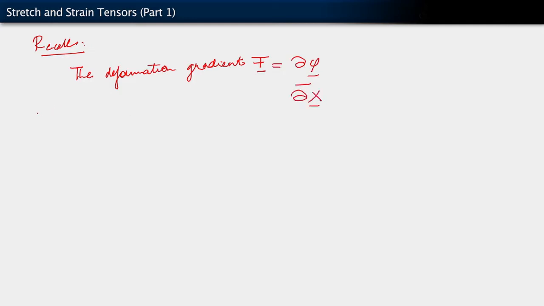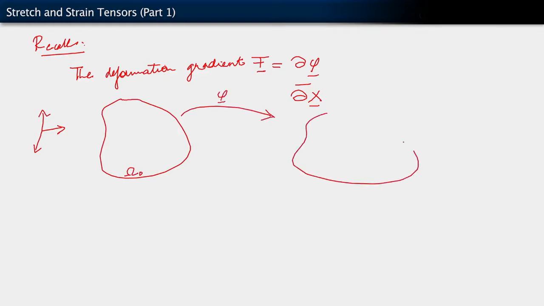In the context of what it does for configurations, we have this picture. We have omega naught, and the motion phi carries it to the current configuration, omega sub t.